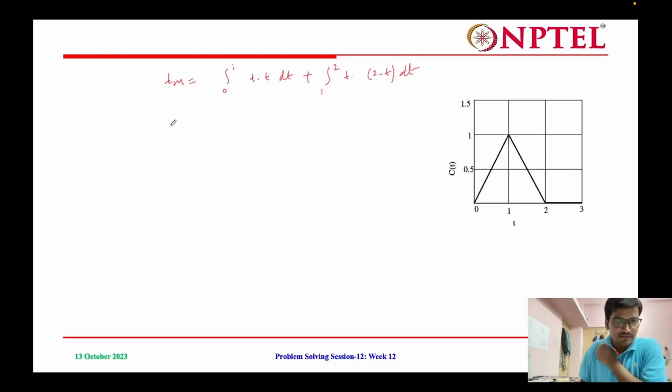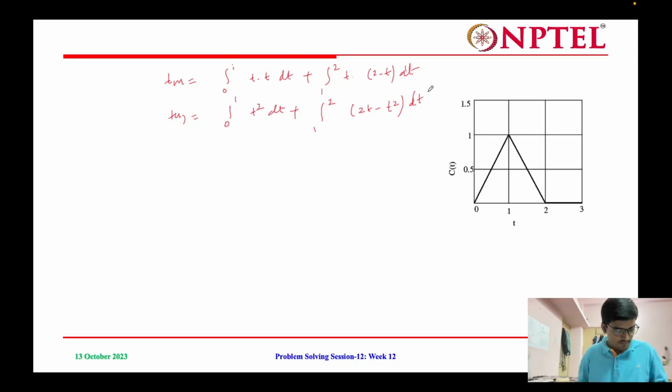Now integrate these equations: the integral from 0 to 1 of t square dt plus the integral from 1 to 2 of (2t minus t square) dt.